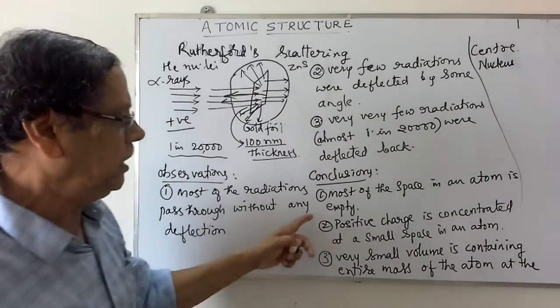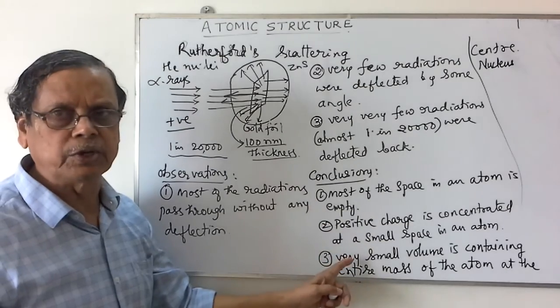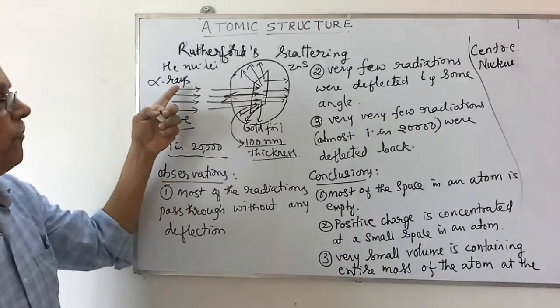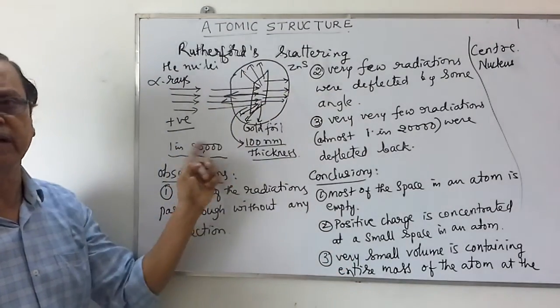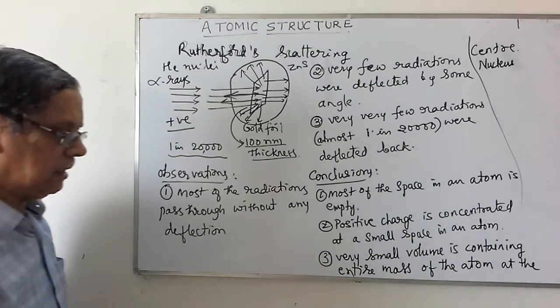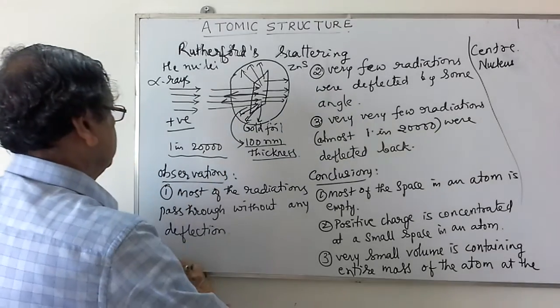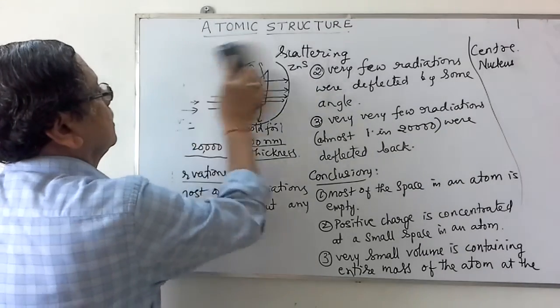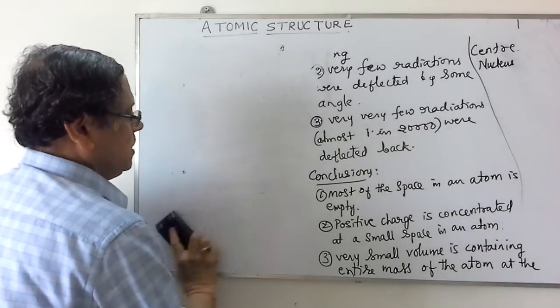Based on these three observations and three conclusions, Rutherford proposed his model for the structure of an atom.